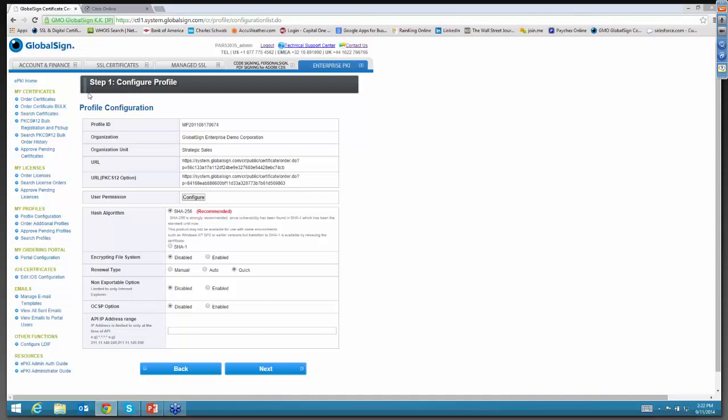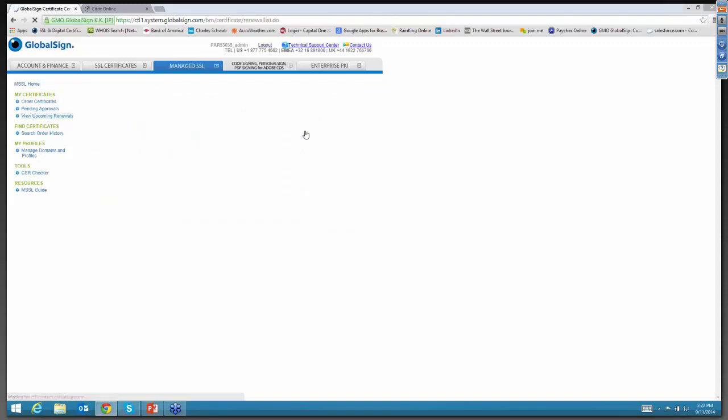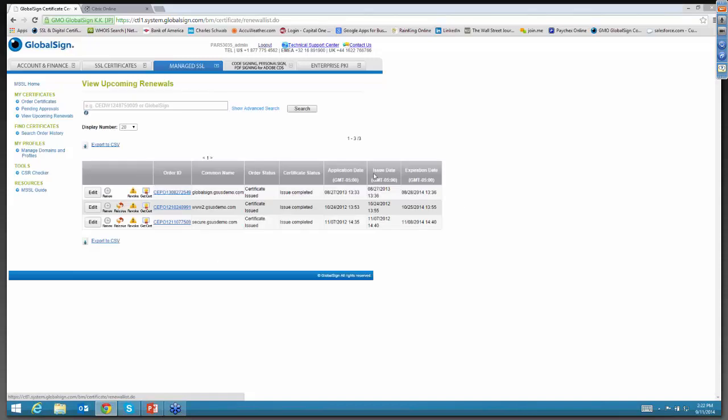In all cases, we have robust reporting across all the systems. In MSSL, you can go in and find all your renewals. Same with EPKI. It's very easy to quickly run pre-canned reports that show what's coming up for renewal in the next 90 days.